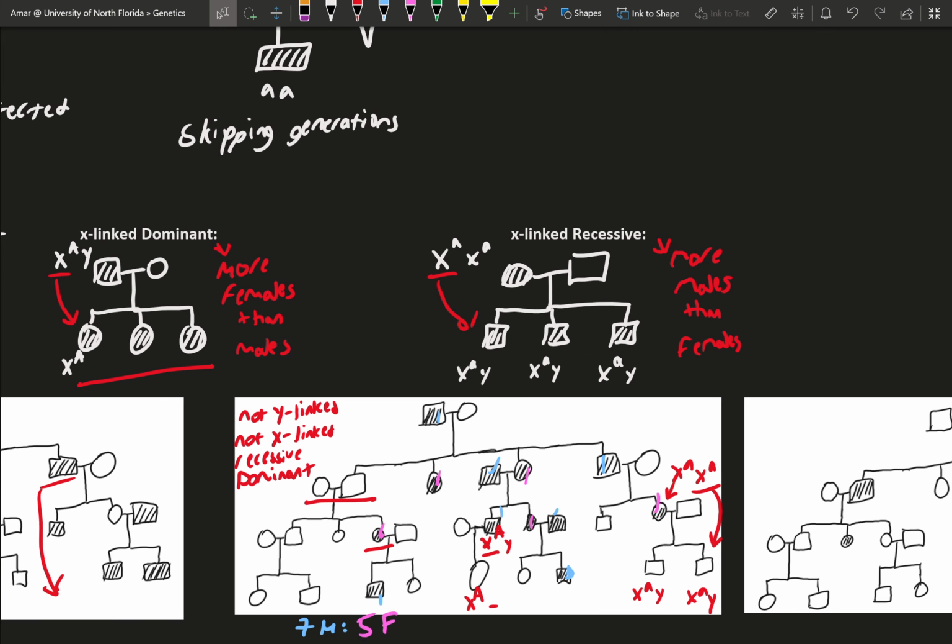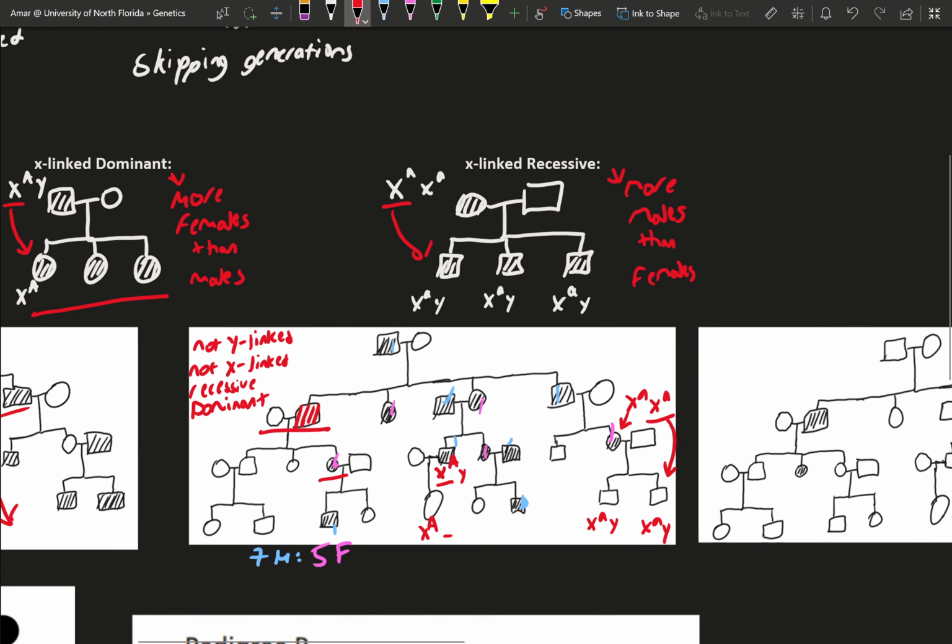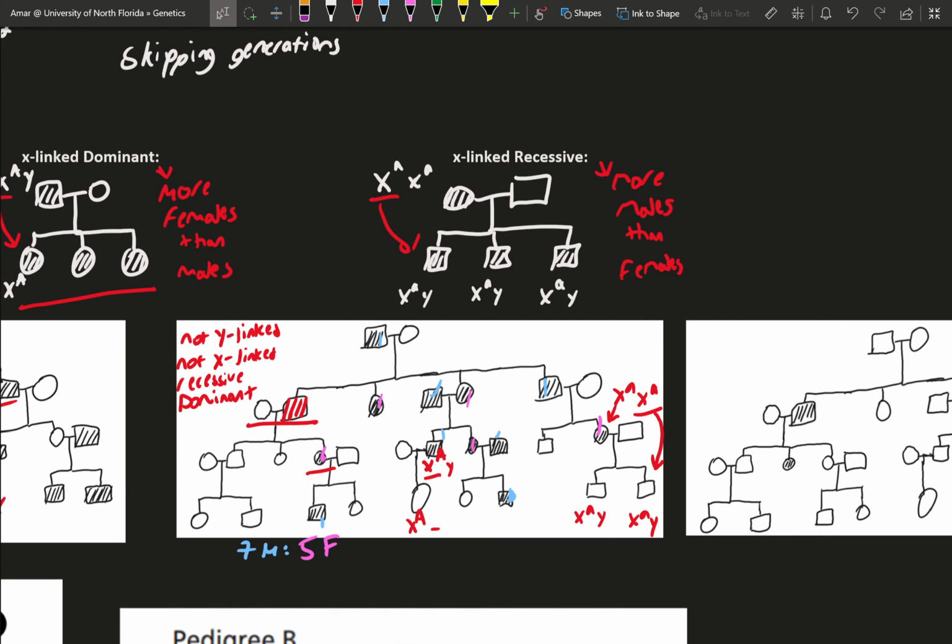Now that I look at this, most likely I've made a mistake on this problem. This individual should be marked off. Apologies for that. But basically, you would look for that kind of situation. If this individual wasn't marked off and you had an individual that is affected here, that would be an autosomal recessive trait.